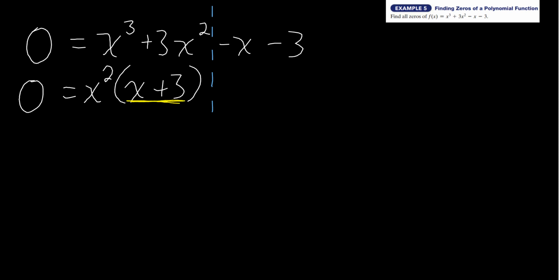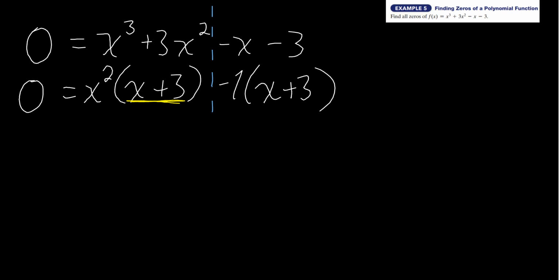What can I factor out of the right side that would make what's in parentheses x plus 3? I would factor out a negative 1. And if I factor negative 1 out of this, I would get an x plus 3.